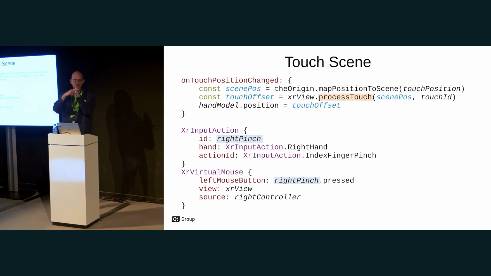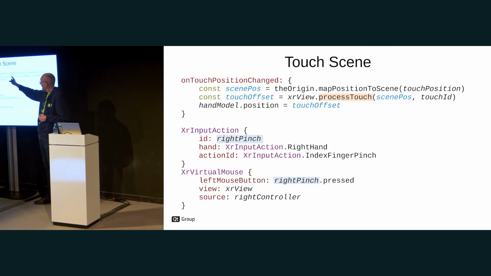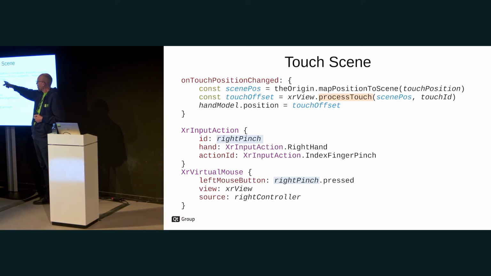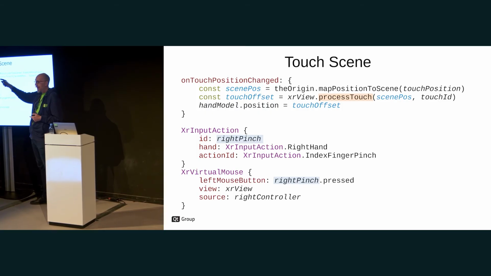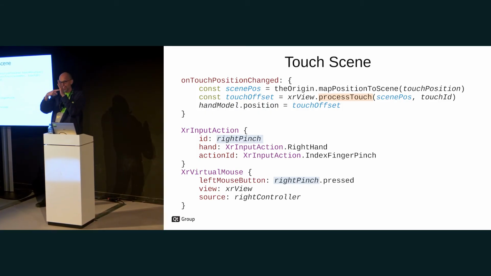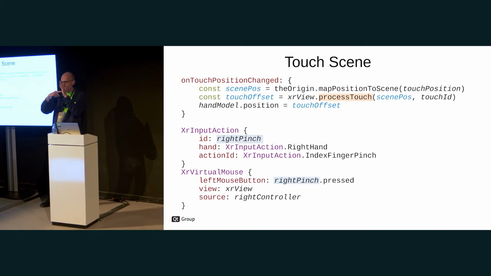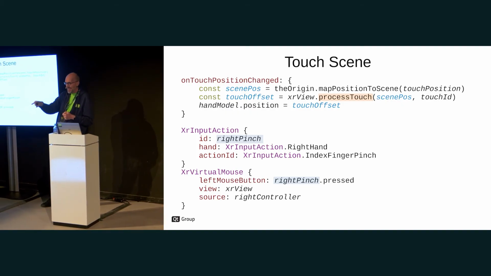But I will get the offset back. If I now set the hand model's position to that offset, you will get the illusion that the hand stops at the surface, and that actually is fairly convincing, because you don't see your hand, you just see the model of your hand stopping.